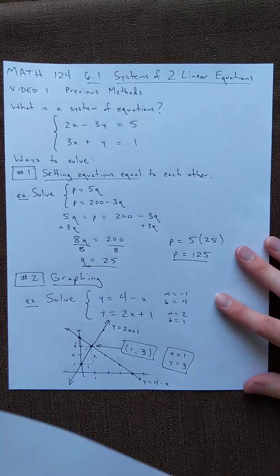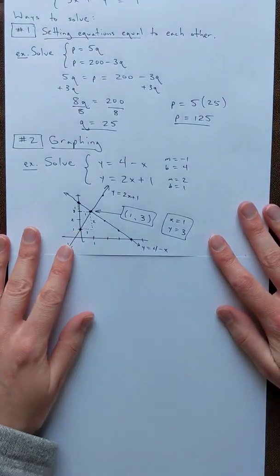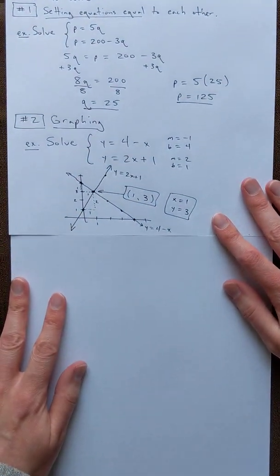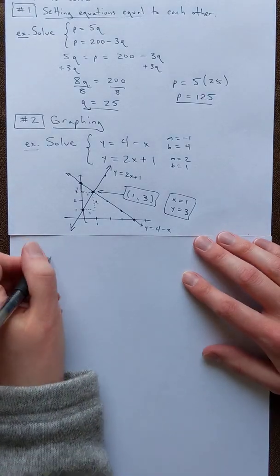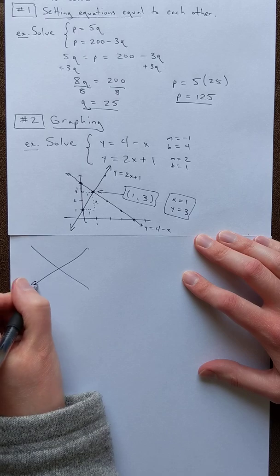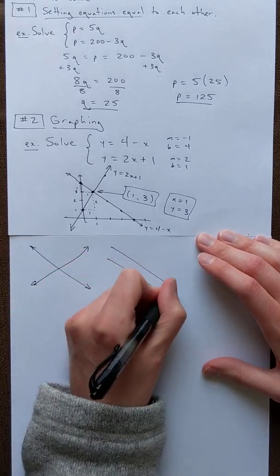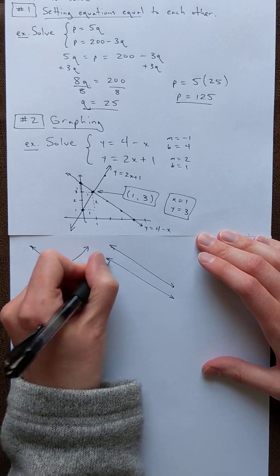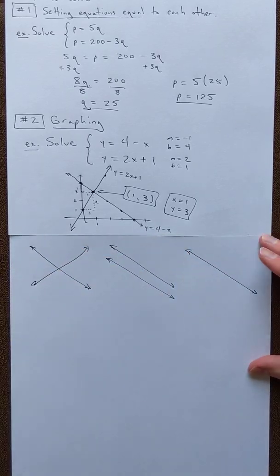While we're still on the topic of graphing solutions, I want to talk about one other thing, which is the form of your answers. If we're graphing two lines, either they're going to be two lines that hit, two parallel lines, or what are called coincident lines.